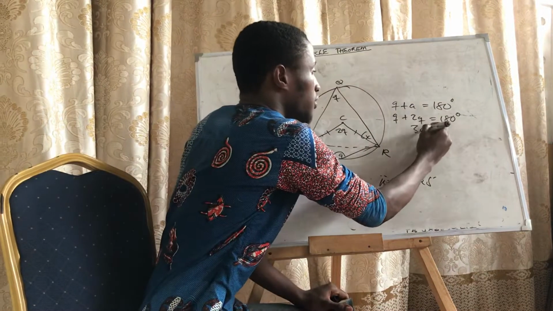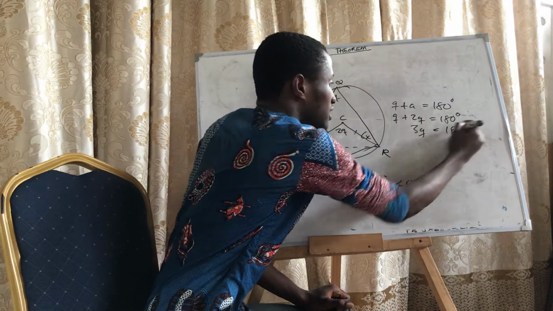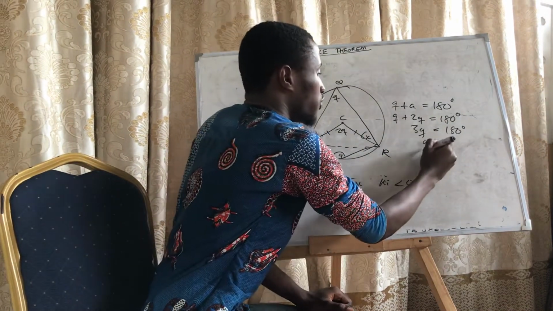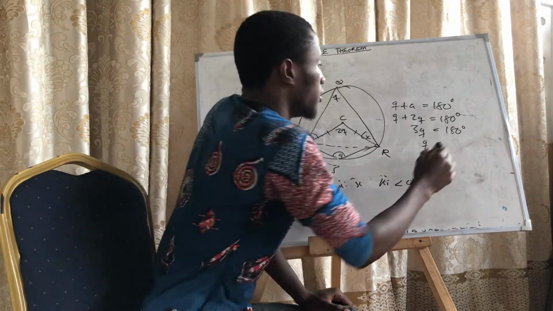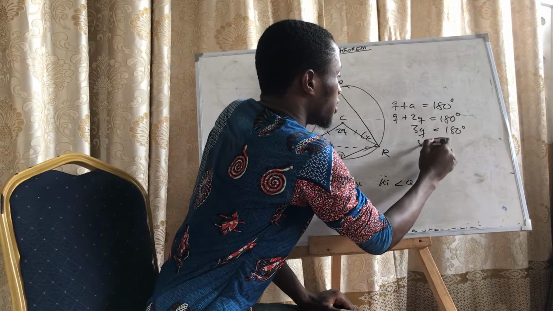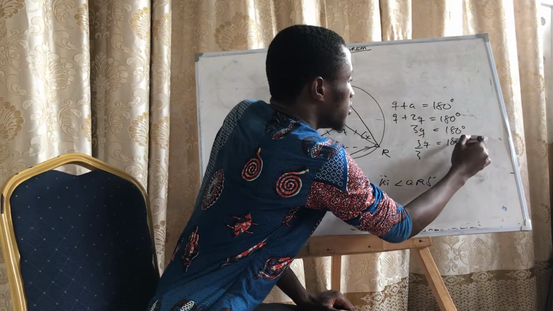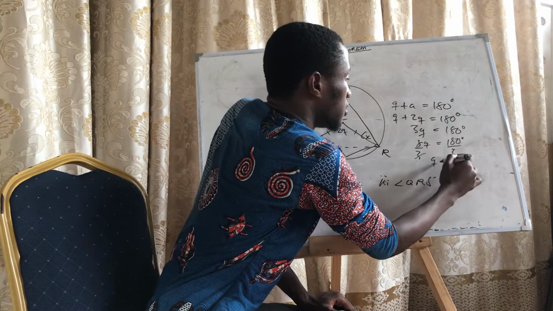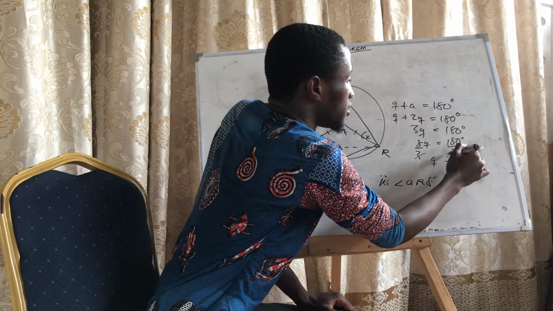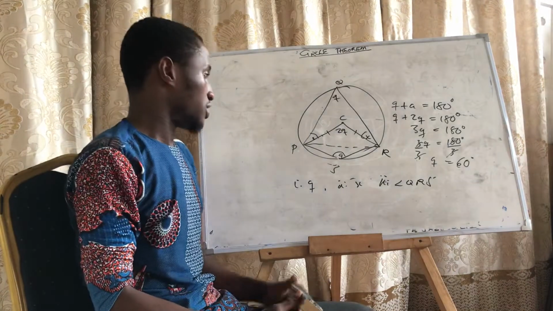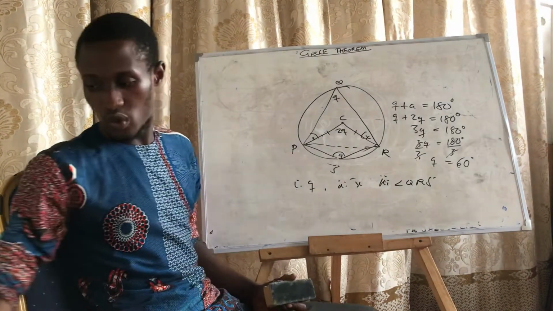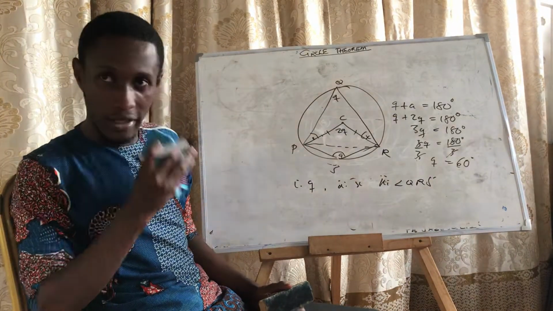I have 3q equal to what? 180 degrees. Then I'll divide through by 3. So I have 3q over 3, 180 degrees over 3. This 3 goes here 60 times, so I have q equal to 60 degrees.